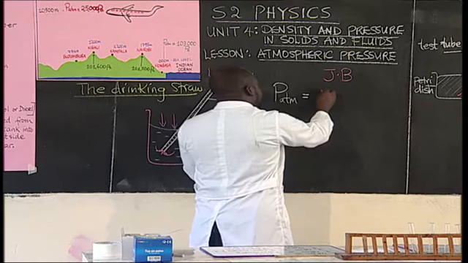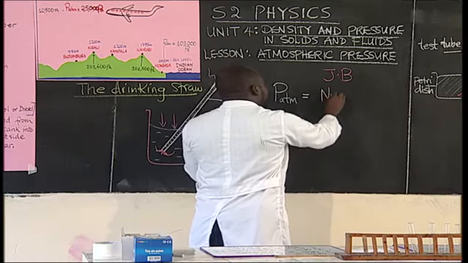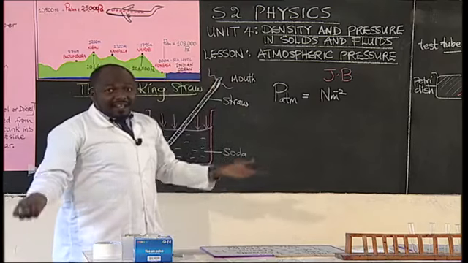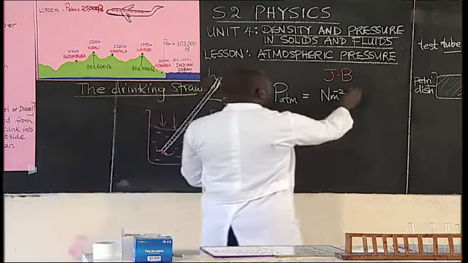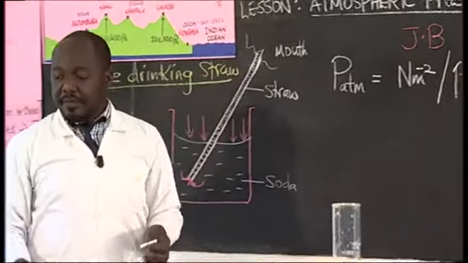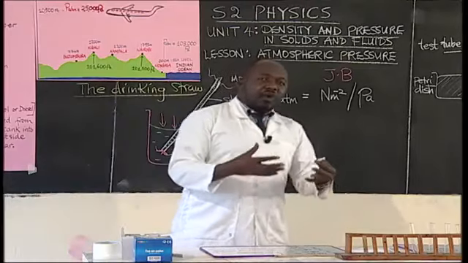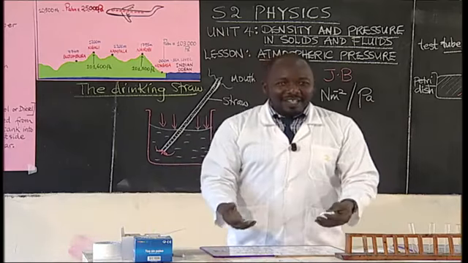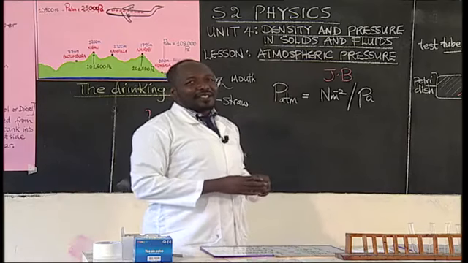So atmospheric pressure can also be measured in newtons per meter squared, just like any other pressure. We can also measure it in Pascal, just like any other pressure. So how can we tell the value of atmospheric pressure in a place? That is what we want to look at.